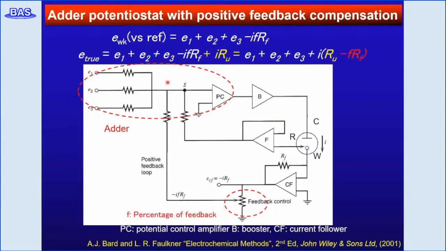The working electrode potential is given by adding all 3 input voltages, and the feedback loop voltage is subtracted. In real systems, uncompensated IR drop is added. Therefore, by appropriate positive feedback, we can cancel out this IR drop contribution.